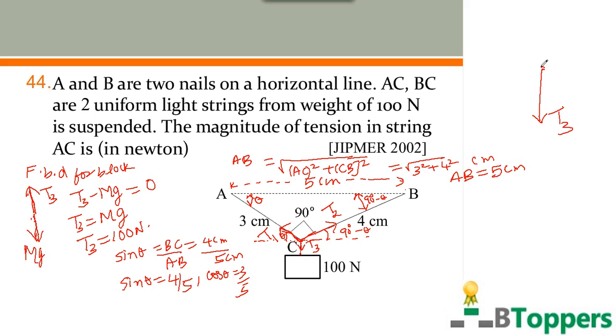So T1 acts on the particle at C at an angle theta above the horizontal, that means this angle will be 90 degrees plus theta. And T2 acts perpendicular to T1 at the point C.